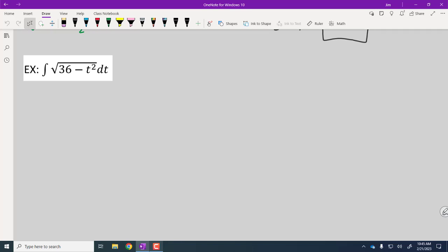So again, the basic strategy is going to be trig sub if we have a sum or difference of squares that you can't do with regular u sub. So we look in here and think, okay, if we let u be what's inside the square root, that's not going to work because the derivative is not on the outside.